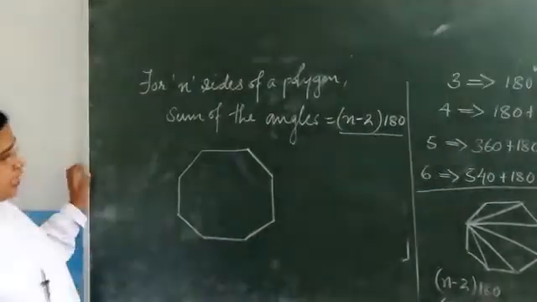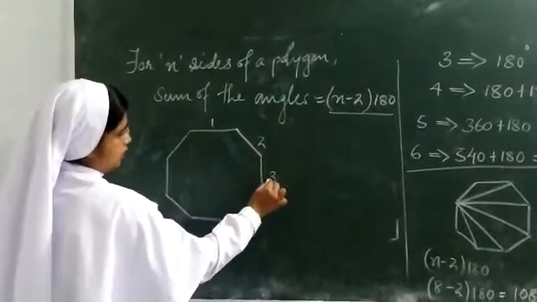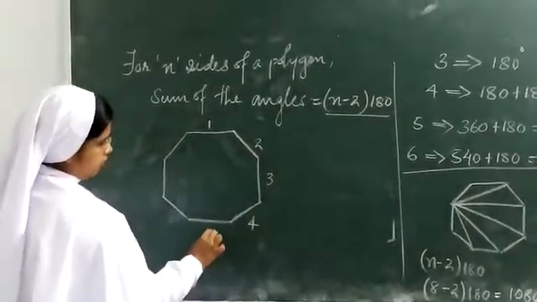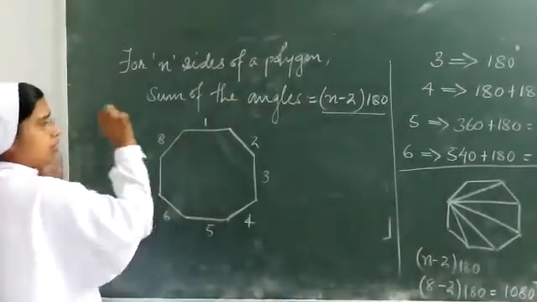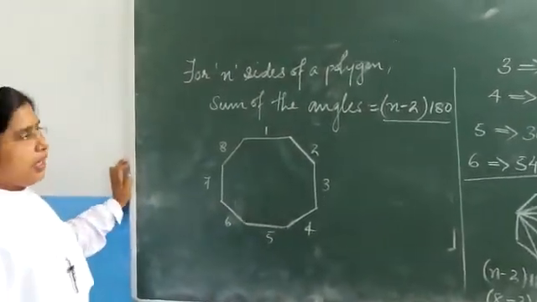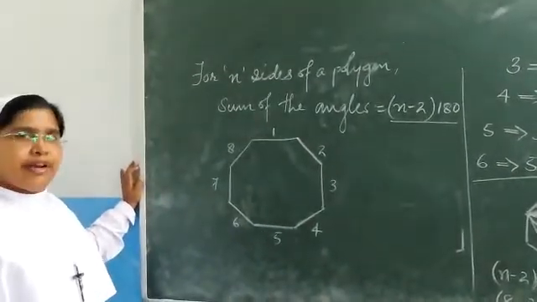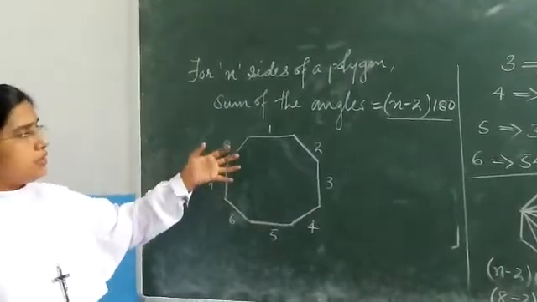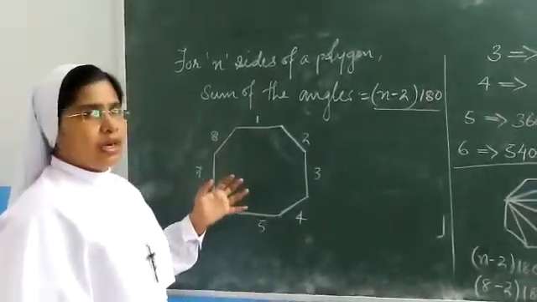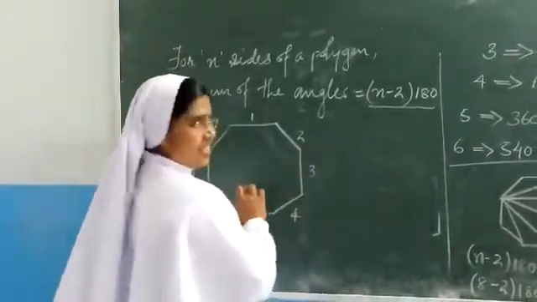How many sides are here? You can write 1, 2, 3, 4, 5, 6, 7, 8. So how will you find out the sum of the angles of this particular polygon? 8 sides are there.